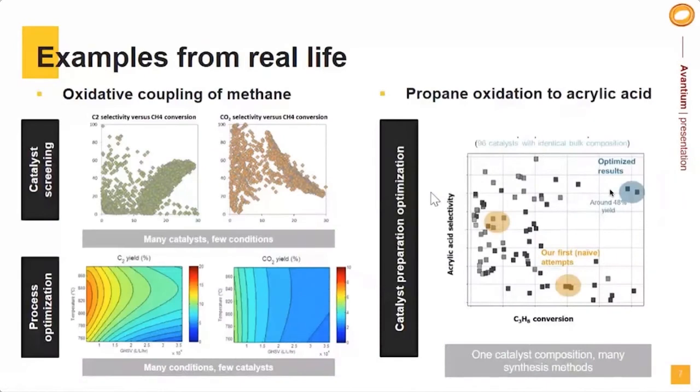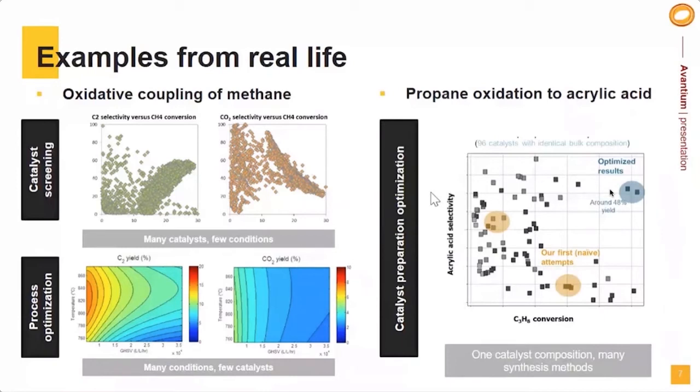Those examples are from two different reactions. At the left, you see the oxidative coupling of methane. So we go from a C1 molecule, 1 carbon, to a C2 product. At the top left, we really did a catalyst screening. We looked at many, many different catalysts to see which one is the best, which combination of metals, for example, would be the best.